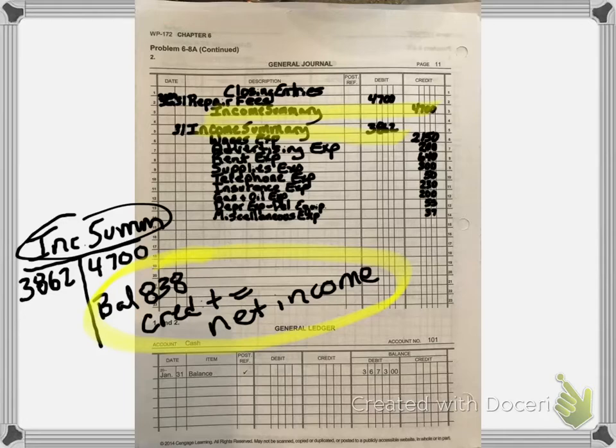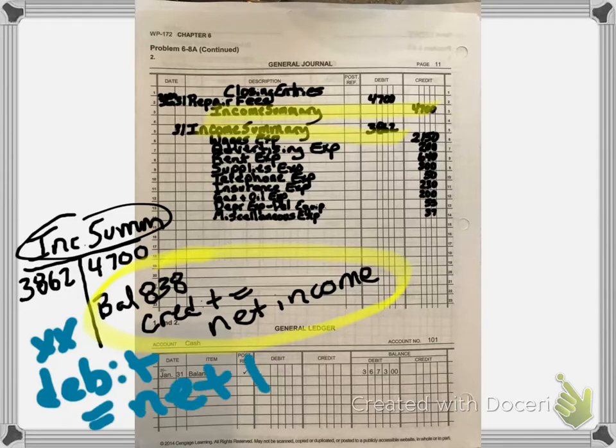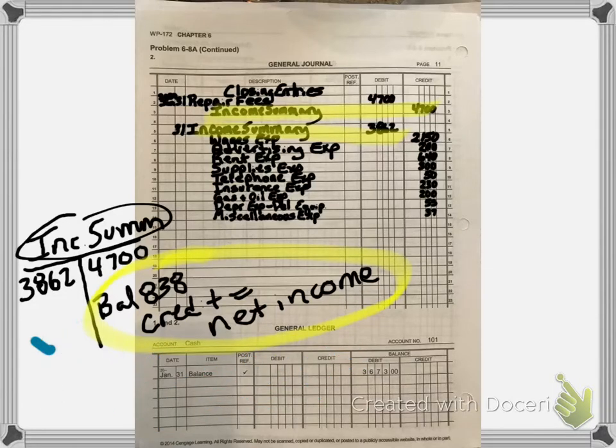Now, if this account had had a debit balance, that would indicate that there was a net loss. So when you go back to the worksheet, you should have a net loss on the worksheet. But here we have a credit balance. We have a net income.